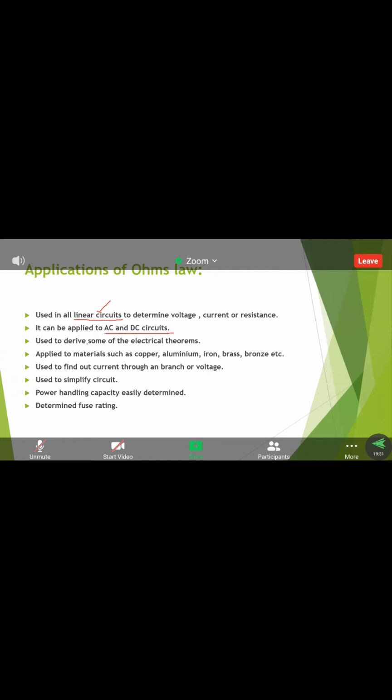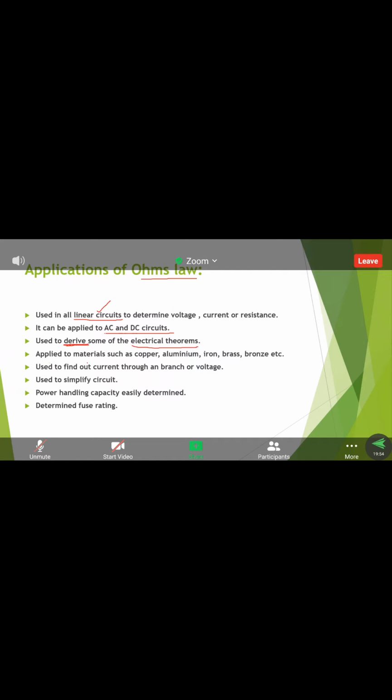That is a major important thing. Next, it is used for derivation of some electrical theorems. Some electrical theorems can be derived by means of Ohm's law only.